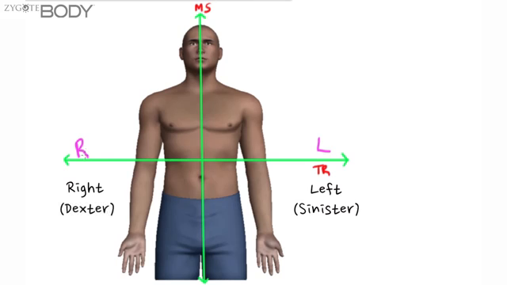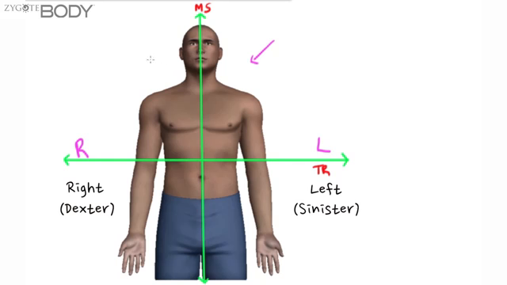Now, how do you determine left from right when you're looking at a subject or a structure? These directions are always determined based on the subject's perspective. So anything found on this side is the subject's left side, therefore this is a left part, and we can say that the lung found here is the left lung, and the left kidney, and so on.